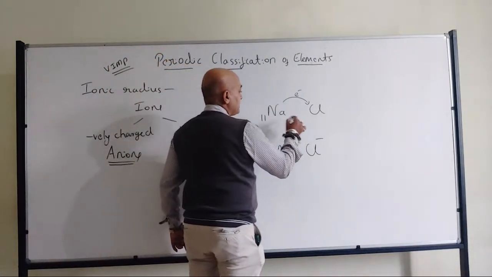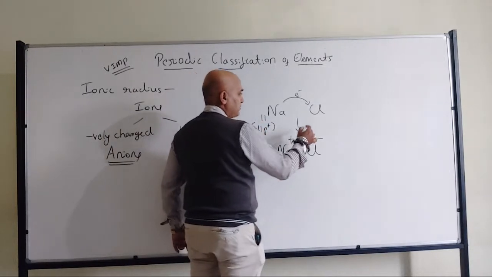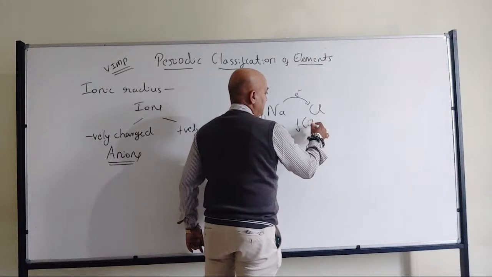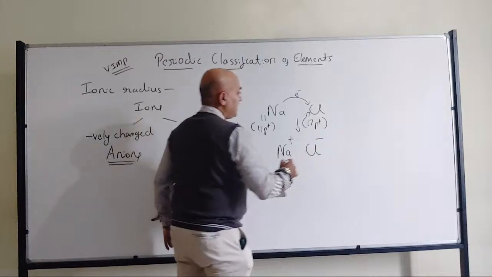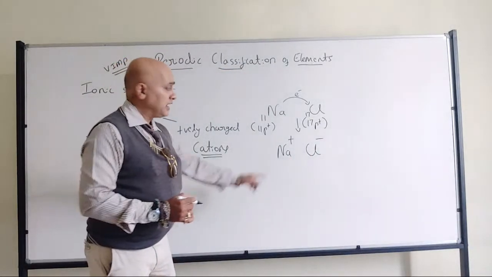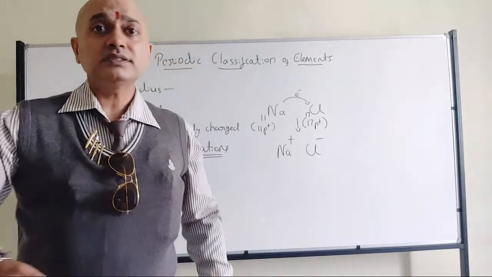Here it is 11, that means we have 11 protons inside the nucleus. Here it is 17, we have 17 protons inside the nucleus.